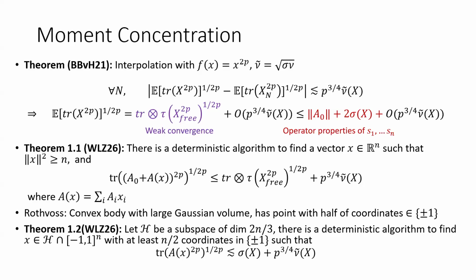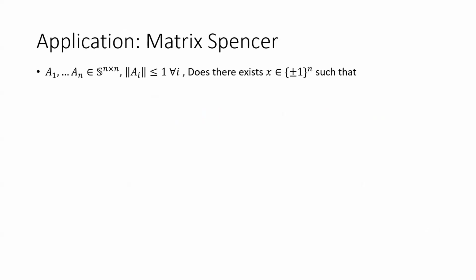So why do we care about this kind of integral coordinate result? Well, this is closely related to our first application, which is in matrix discrepancy theory. A classical conjecture in discrepancy theory is called the matrix Spencer conjecture.